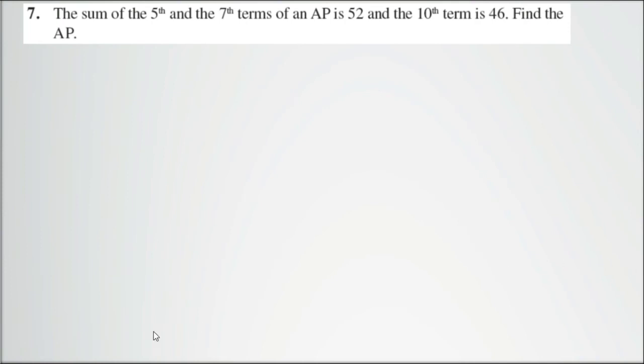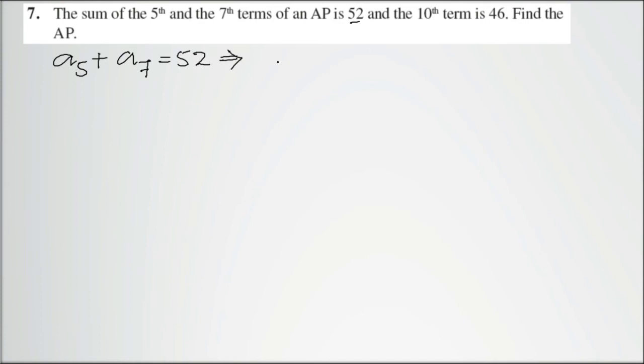Question number 7. The sum of the 5th and the 7th term of an arithmetic progression is 52 and the 10th term is 46. Find the arithmetic progression. Let me consider the given A5, fifth term, plus A7, seventh term, their sum as 52.